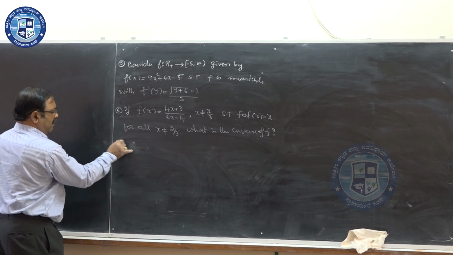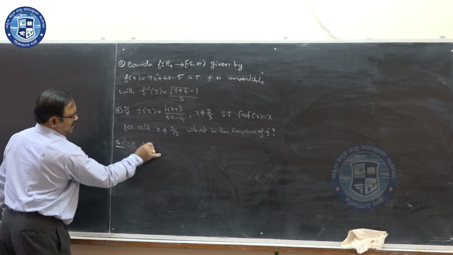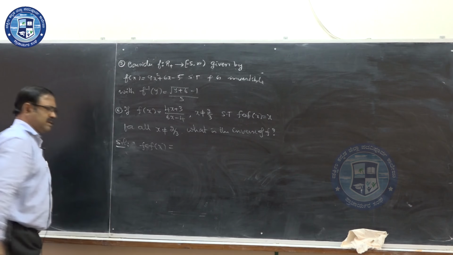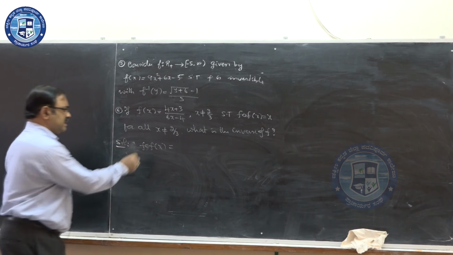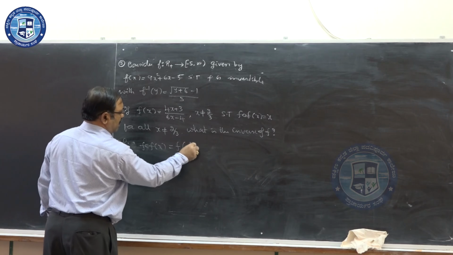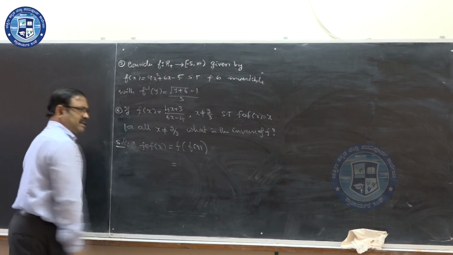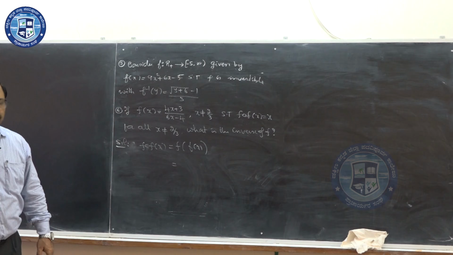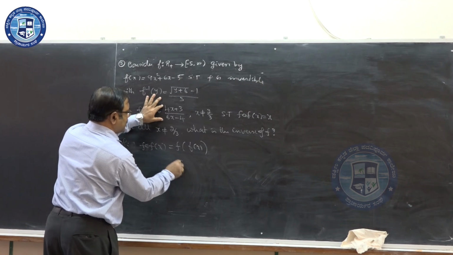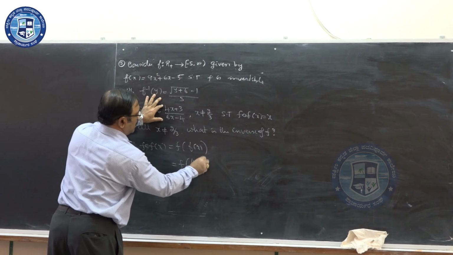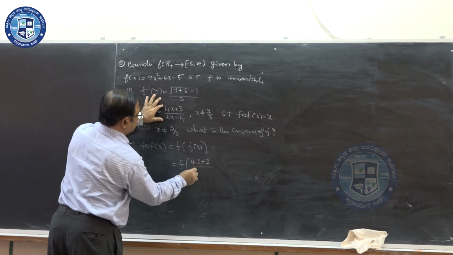Okay, we write f composite f of x, that is f of f of x. Okay, now what is f of x? 4x plus 3 by 6x minus 4.